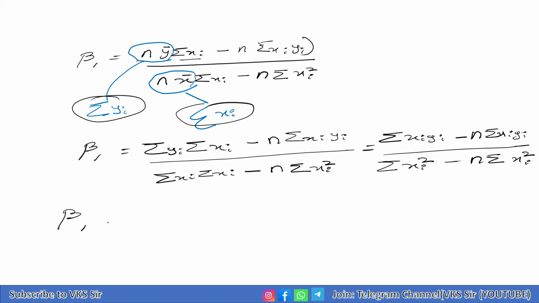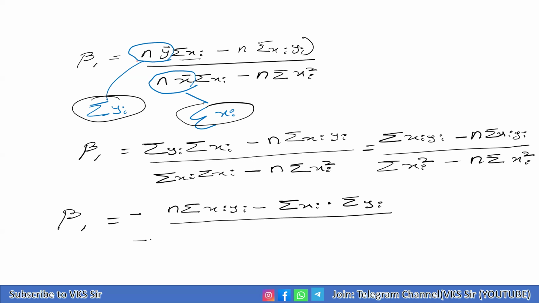Beta 1 is equal to, let's alternate this: negative n sum of xi yi, then negative sum of xi and sum of yi, divided by negative n sum of xi square negative sum of xi square. So here the negative will be cancelled out.